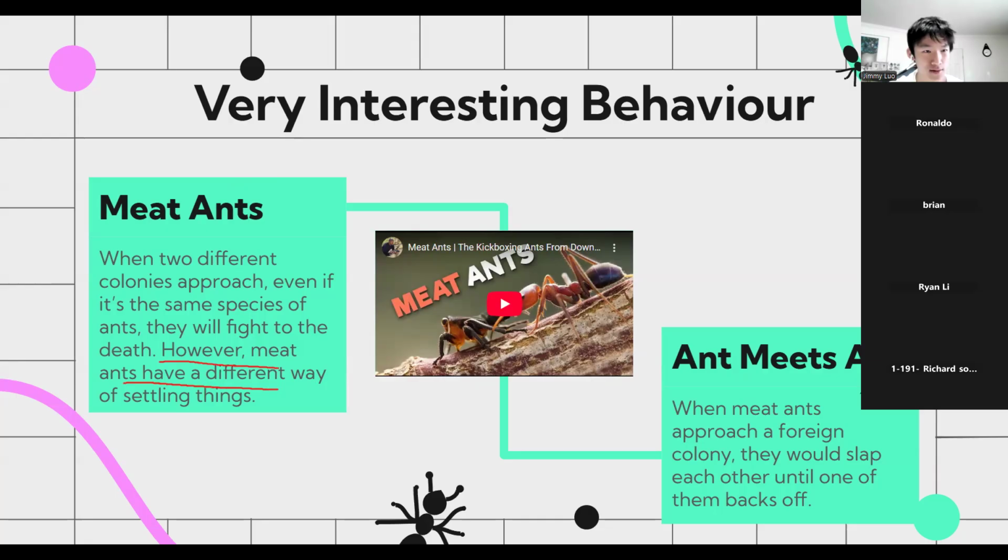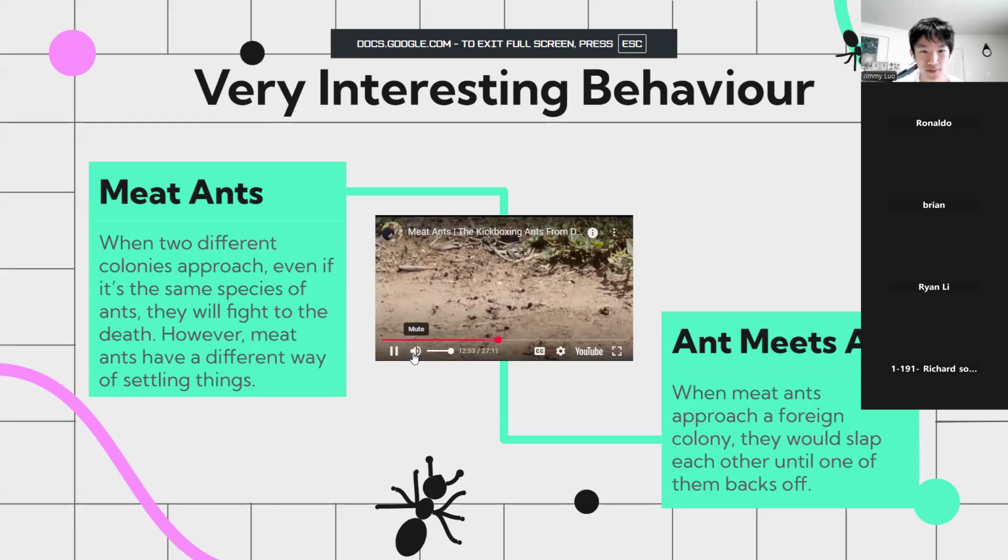So when ants meet each other, right? If you look on the right over here, when a meat ant approaches a foreign colony, they will slap each other until each one of them backs off. So in this video, I will show you guys what happens.